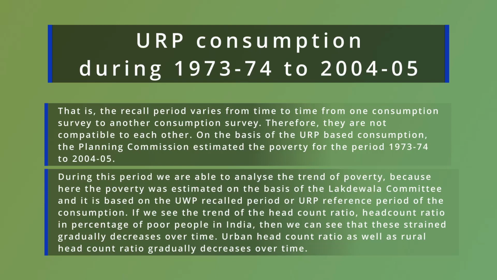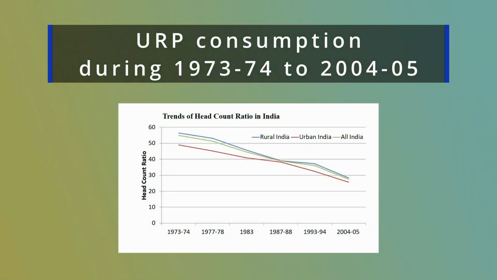If we see the trend of the head count ratio, meaning the percentage of poor people in India, then we can see that this trend gradually decreases over time. Urban head count ratio as well as rural head count ratio gradually decrease over time. The urban head count ratio is denoted by the red line in this diagram, whereas the trend of the rural head count ratio is denoted by the green line.